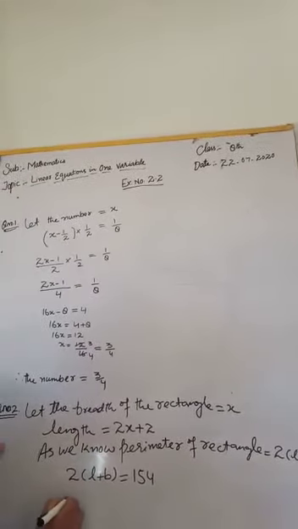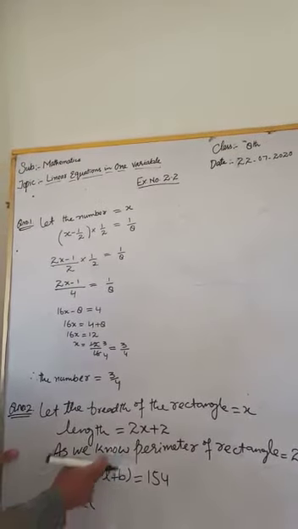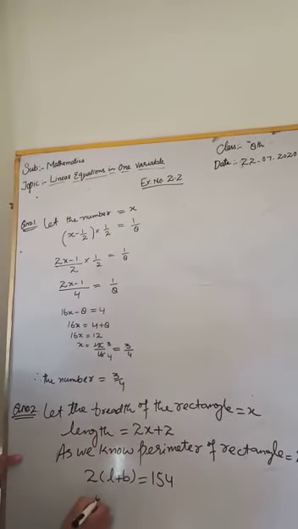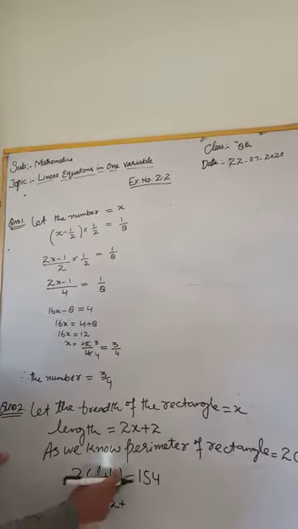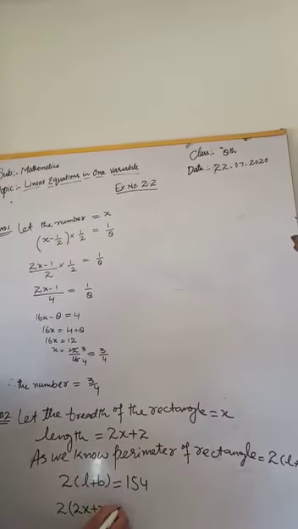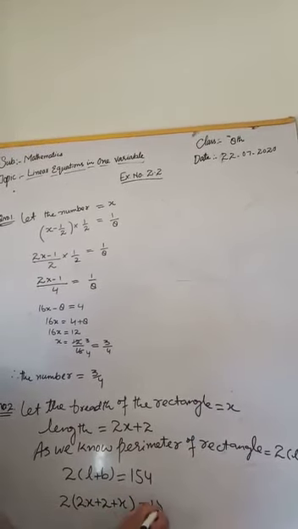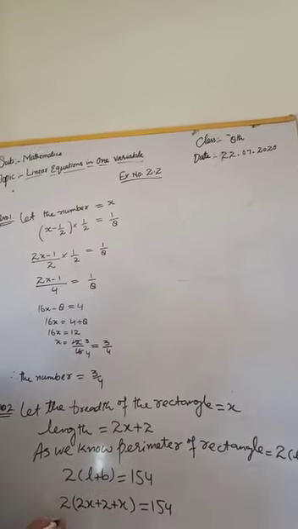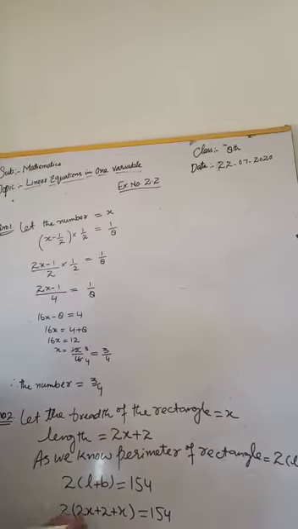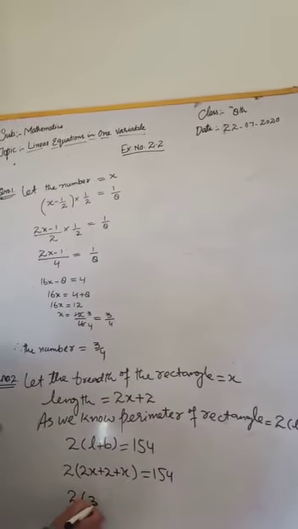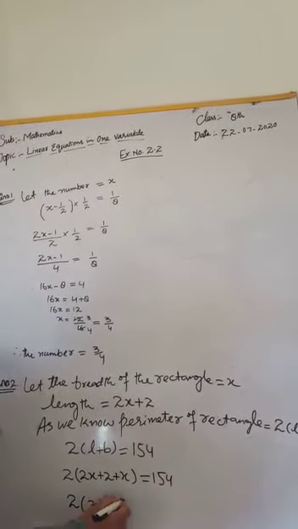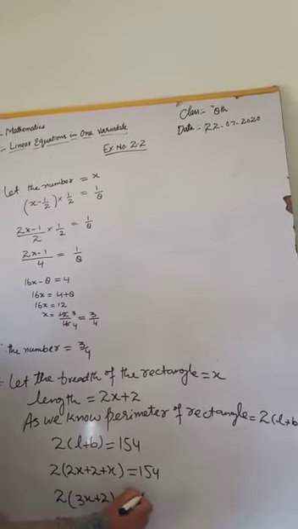We can write twice of, in place of length we will write 2x plus 2, and in place of breadth we will write this x. It is equal to 154. So let's first solve this part of the equation. 2 into 2x plus x, it is 3x plus 2, is equal to 154.